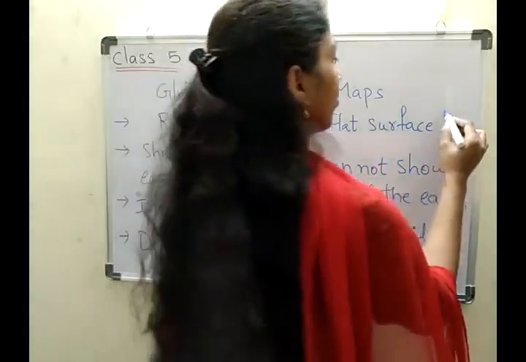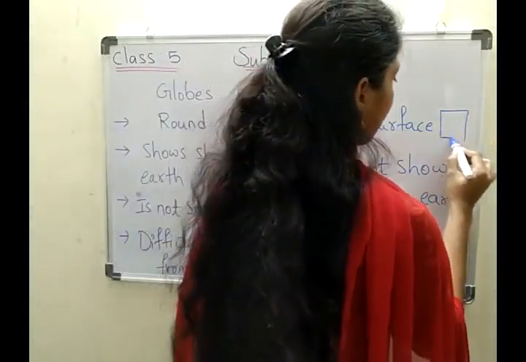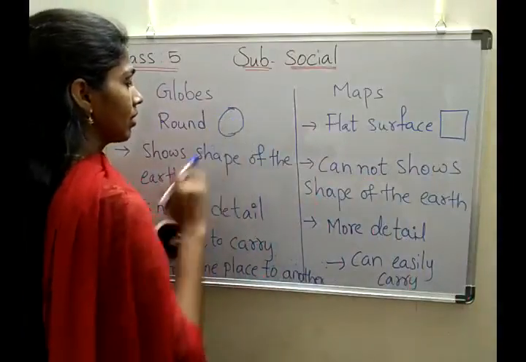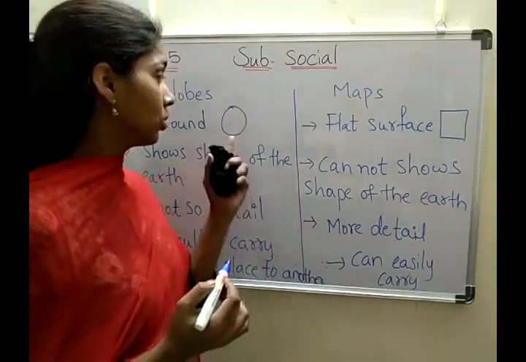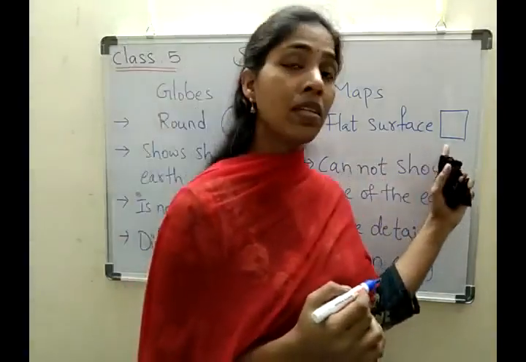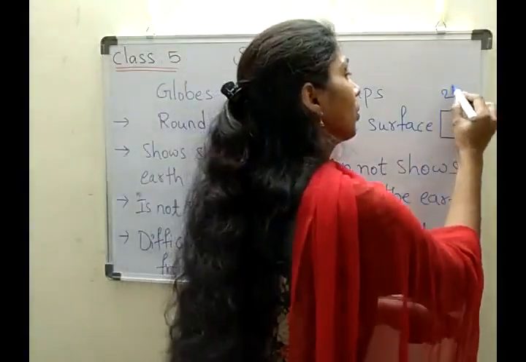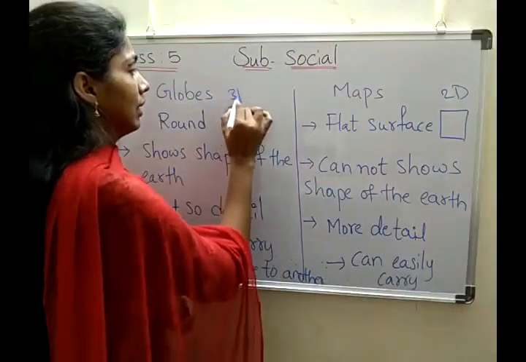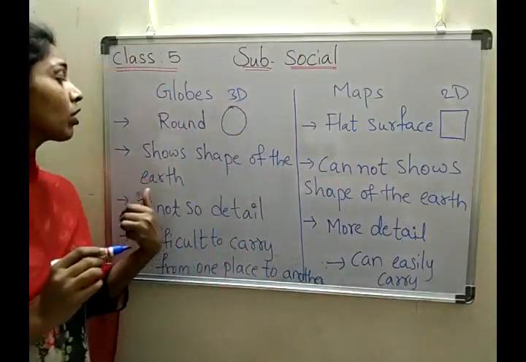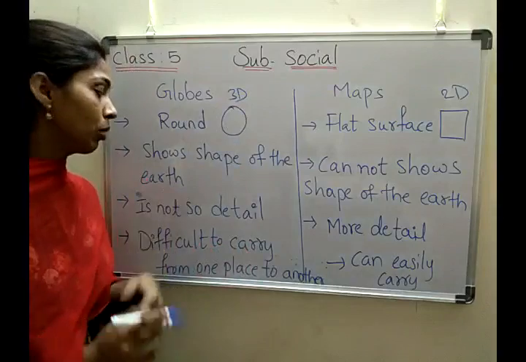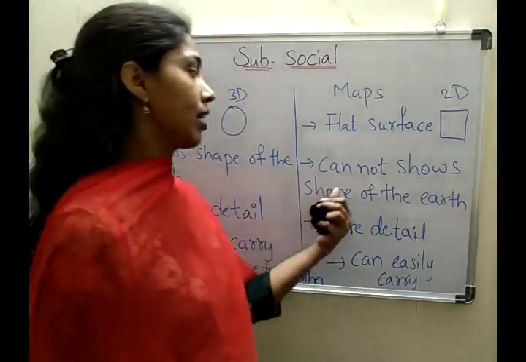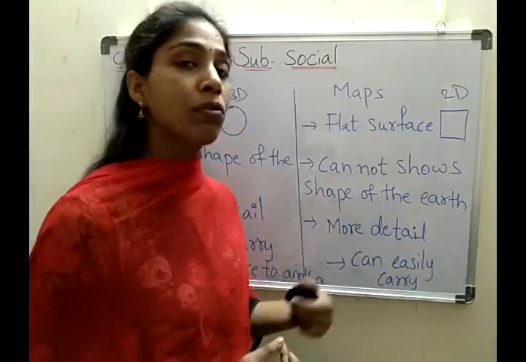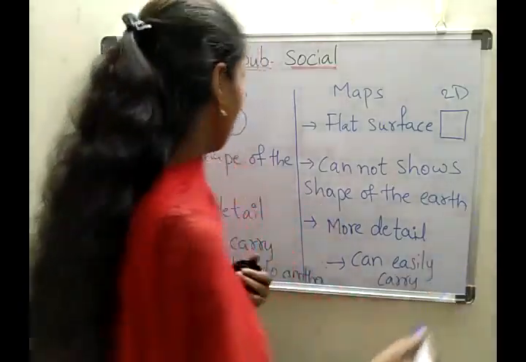Okay, globe is a 3D shape, and coming to maps, it is a 2D shape. Okay, next, globe shows the shape of the earth, and coming to maps, maps cannot show the shape of the earth.